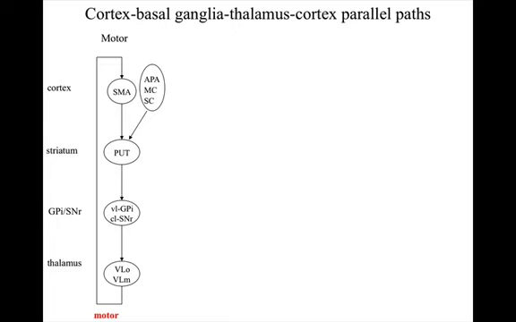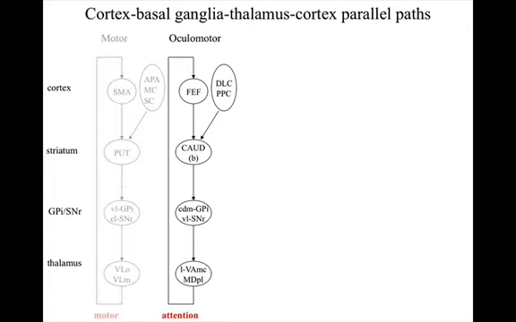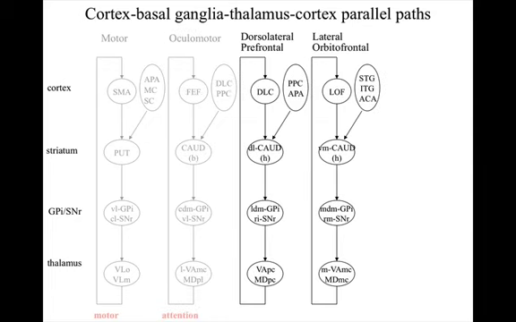The path from the motor cortices goes through the putamen and is strongly involved in motor behaviours. Another path, involving the cortical frontal eye fields, is strongly involved in directing eye gaze and therefore attention, and it involves somewhat different regions of the striatum and the GPI-SNR and so forth.